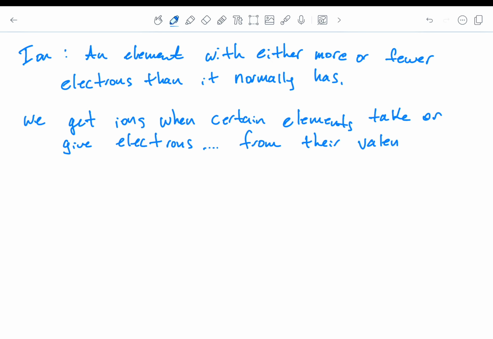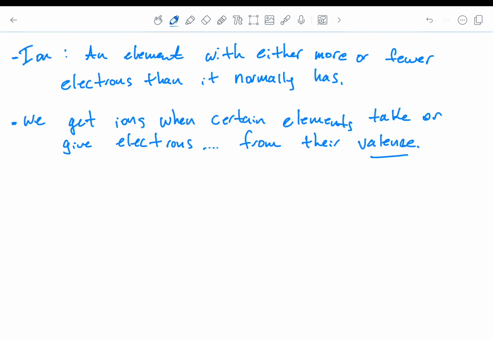The only place these electrons are coming from is the valence. We know that all elements have a number of shells, either one shell or seven shells, but those electrons that are being given or taken are only being given from the valence or taken and put onto their valence. So these are the two points that we want to make sure that we are clear on.